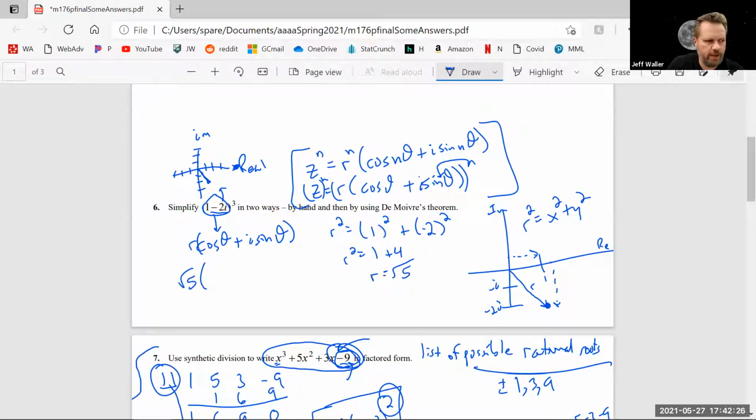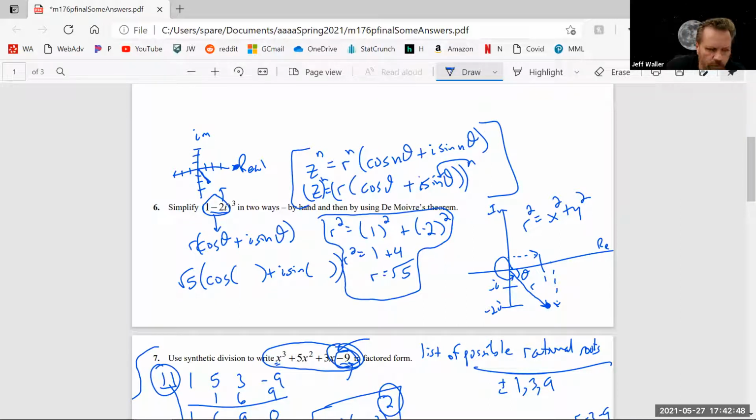Now how do I figure out theta? So I need to figure out this angle. Cosine of 1 and then plus i sine of negative 2? Oh, definitely not.